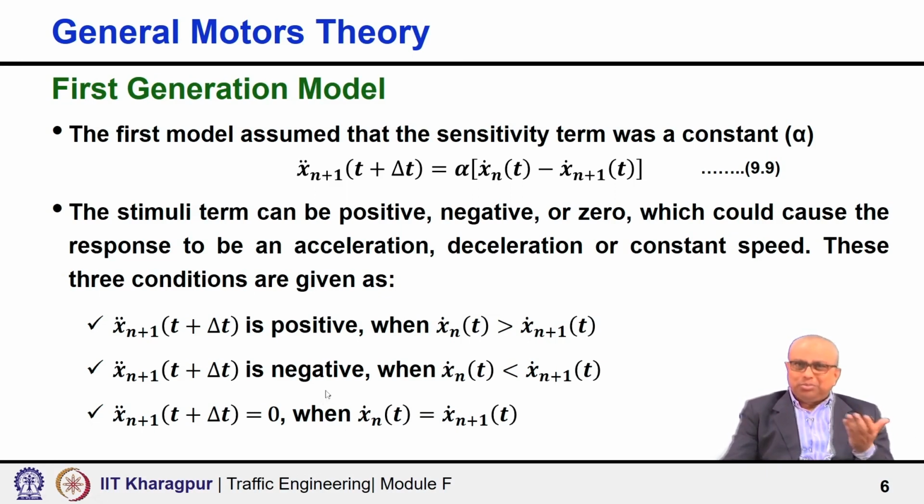And when the speeds of the lead and following vehicles are the same, the distance is not changing. So, it is expected that there will be neither acceleration nor deceleration, and the same speed will be maintained. So, the acceleration or deceleration will be 0.